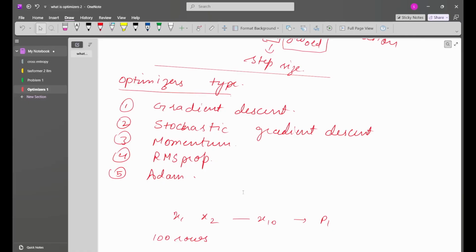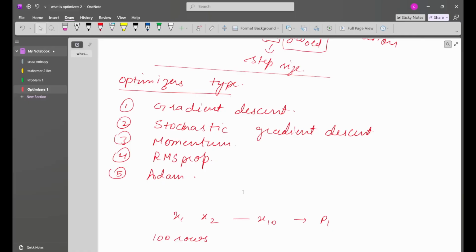And then finally Adam came, and it tells us that momentum and RMSprop are both very good, so why don't we combine the ideas of both? So Adam gives us better results. Adam was a very popular optimizer at that time, and in transformers the same Adam optimizer is used for updating weights inside the transformer architecture.